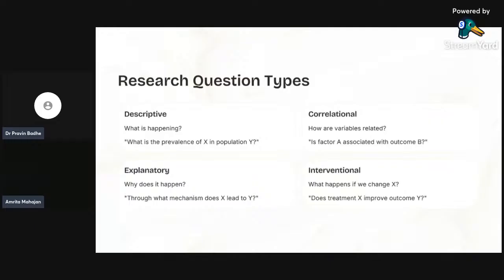Why does it happen? What is the reason behind that? It goes deeper into the mechanisms and tries to understand the causes. And then the interventional. What if we change something? What if we add something extra? What if we do something novel? It tests if any action or any treatment changes that particular outcome.